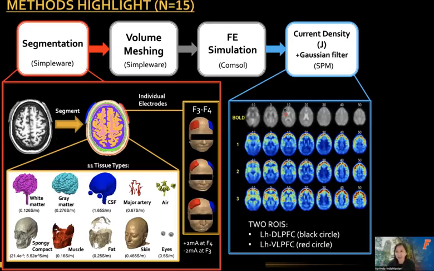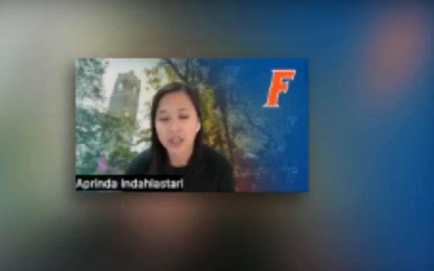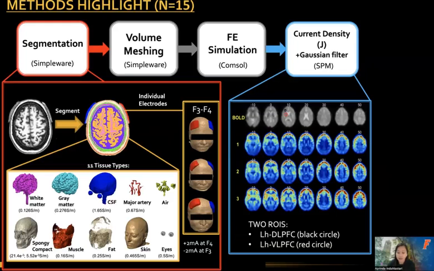The first step is segmentation. If I can have your attention on this red box on the left side, we take individual T1 weighted images and segment them into 11 tissue types. They are white matter, gray matter, CSF, major arteries, so these are blood vessels that were visible in the T1 scan, air pockets or sinuses.